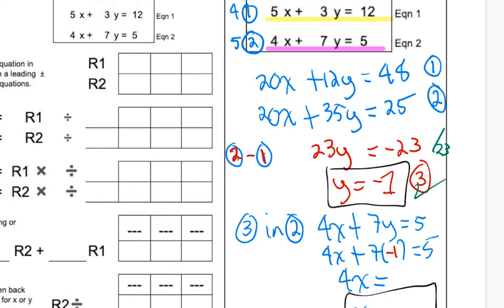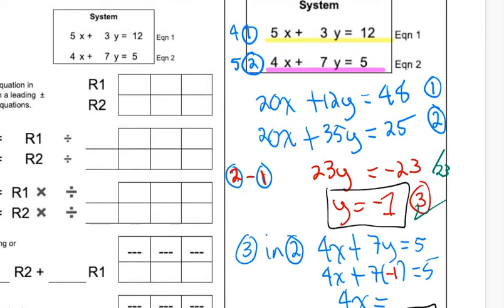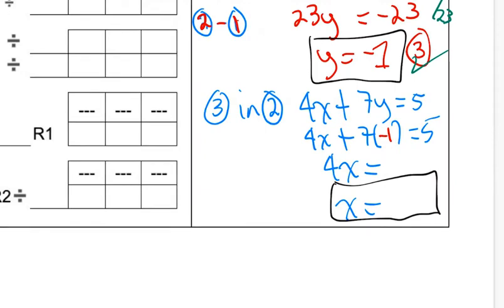How do I get the x value now? I substitute it back into one of the original equations. So one of the original equations was 4x plus 7y equals 5. So I replace that y with negative 1. 4x plus 7 times negative 1 is 5. 7 times negative 1 is minus 7.